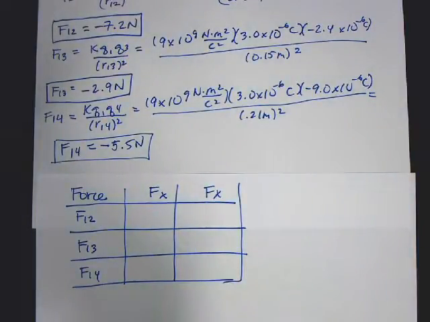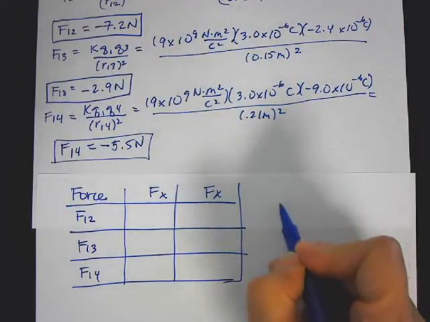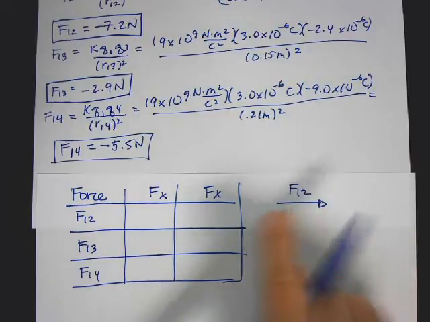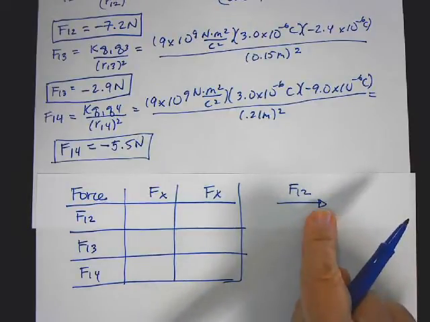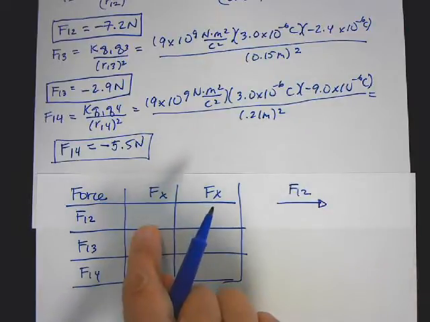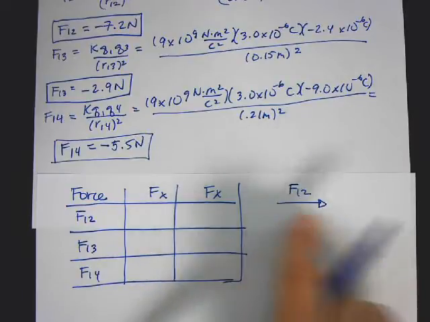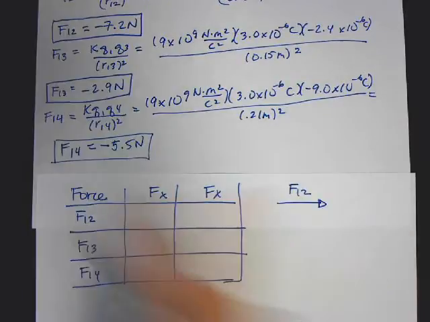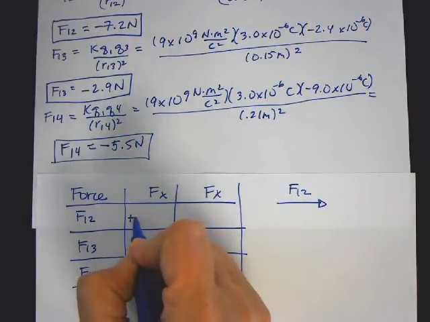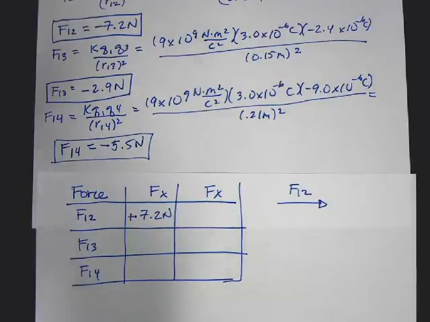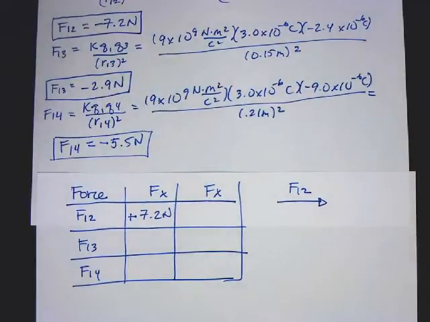So F12 is pointing in this direction. Because the direction's important, this is going to be positive 7.2 newtons. Some of you are asking, why did it come out negative up here, and why are you putting positive here? What does a negative sign tell me when I'm figuring out the electrostatic force? A negative sign tells me whether it's a force of attraction or repulsion, remember?